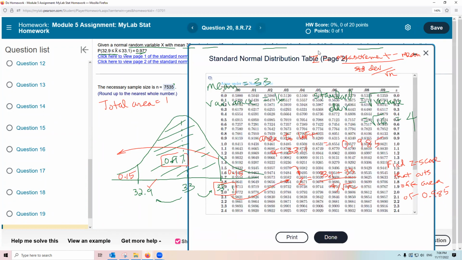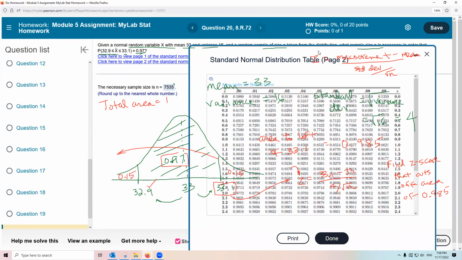And if you notice, if I come into this table, I am seeing 0.985 right here in the table. Well, this corresponds to a z-score of 2.17. So z equals 2.17.